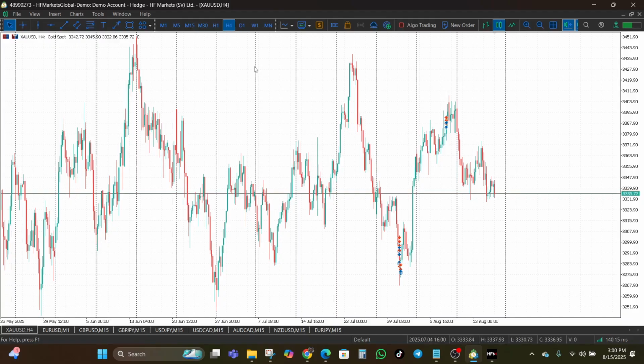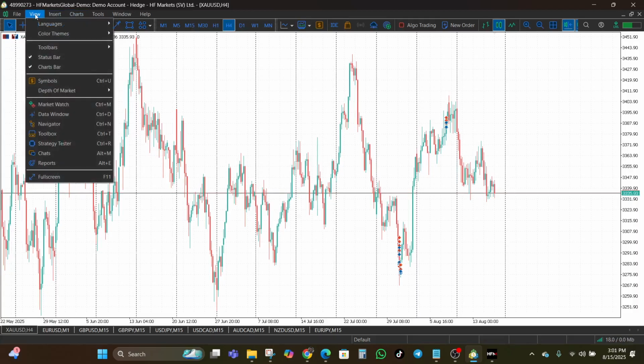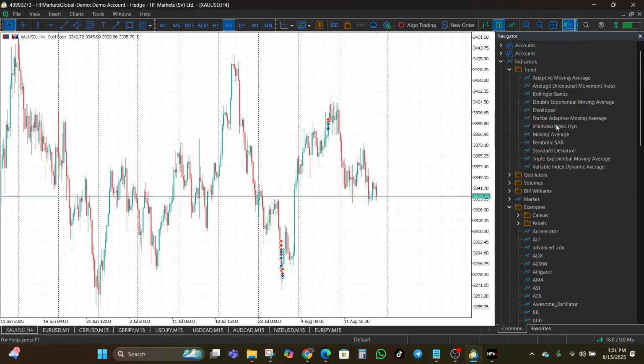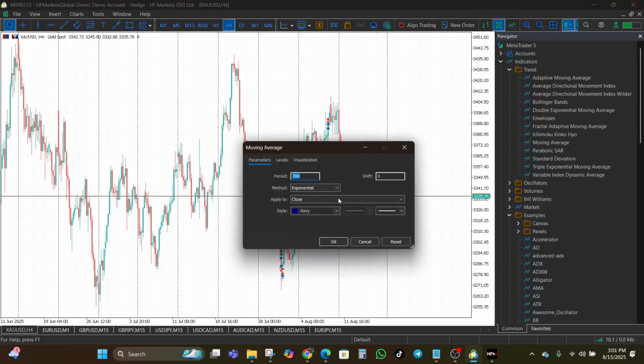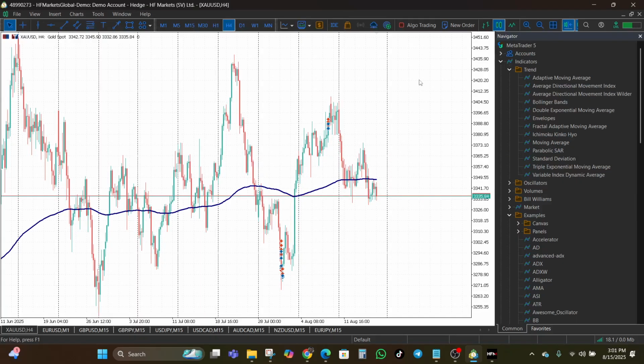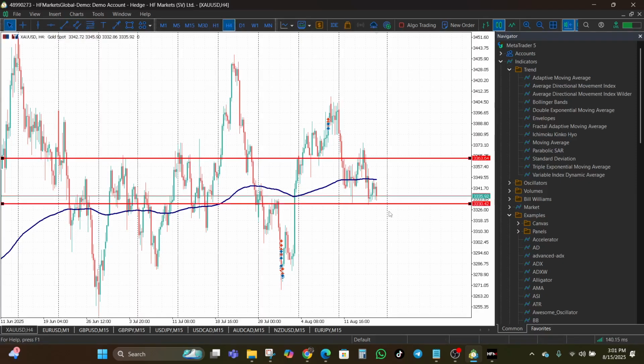Now, once your markets and your time frames are set, it's time to choose your technical tools. This could be something as simple as a moving average to identify trend direction, and maybe support and resistance levels to mark your key zones.